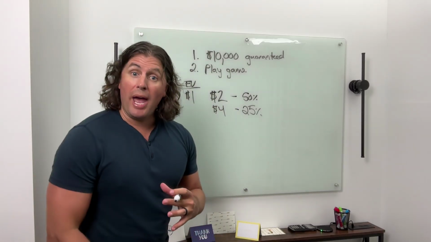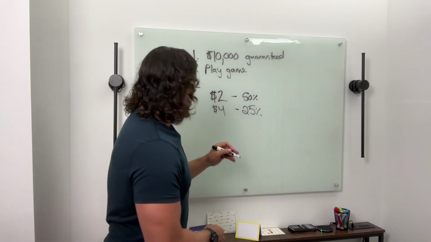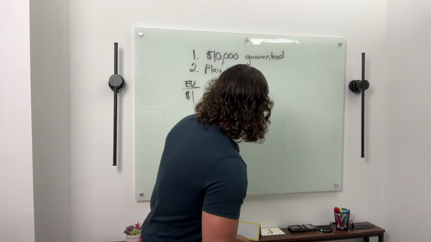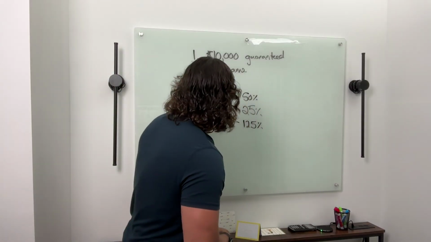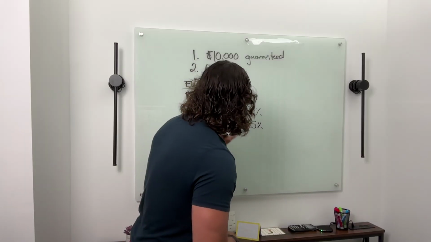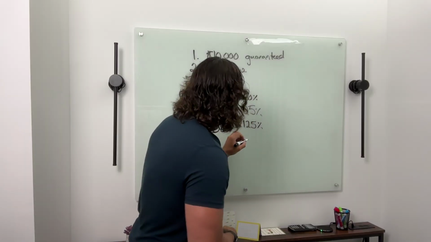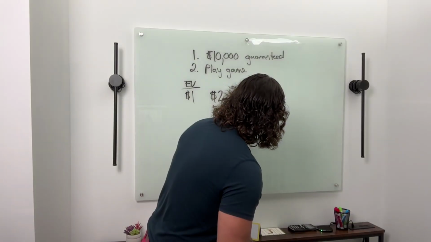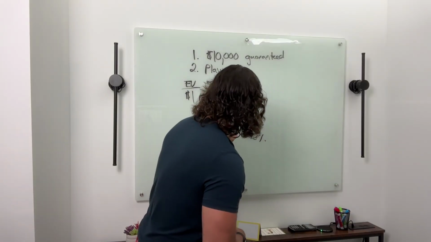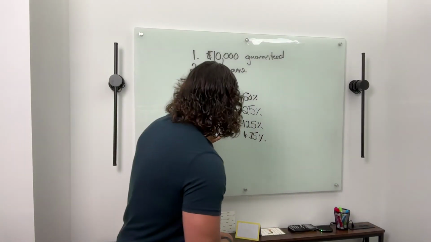Same thing if we did 2 heads in a row and then a tails, that is a 1/8 chance or 12.5% chance, and that payout would be $8. And similarly, if we do 3 heads, it's 6.25% chance, that is 1/16.